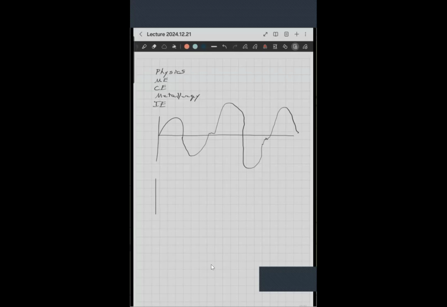How many different ways, if we were to add in, what if I can take this and then add this?